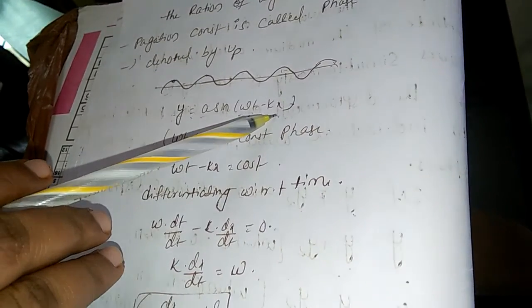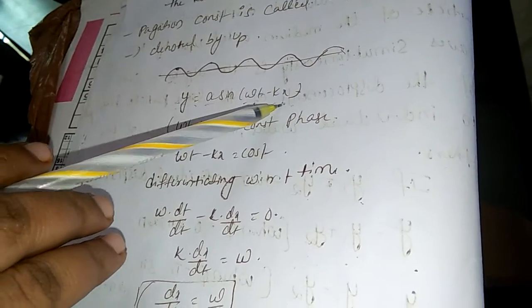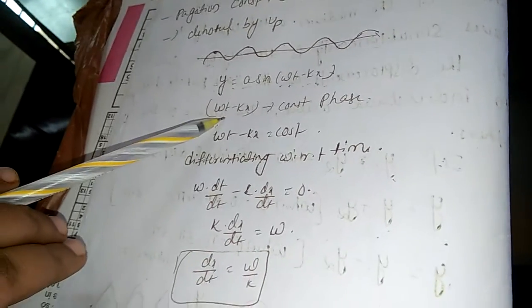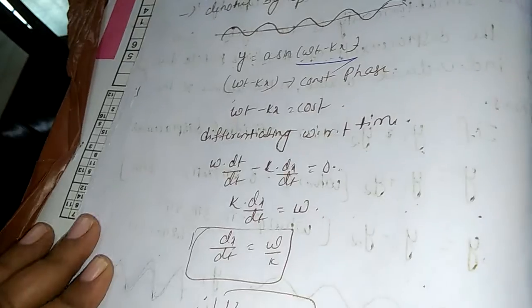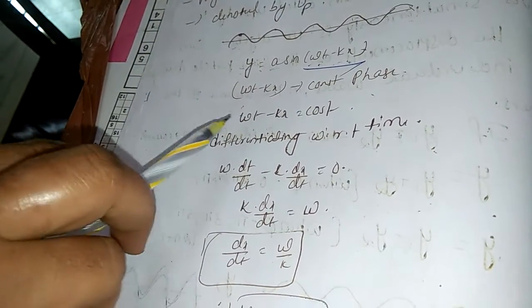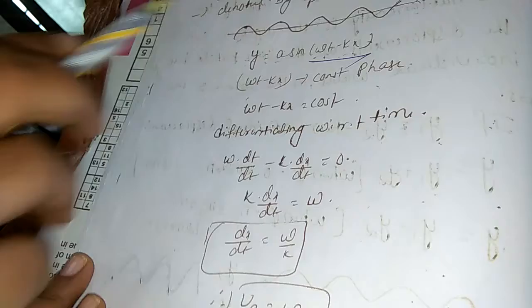Here a is the amplitude, omega is the angular frequency, t is time, k is the phase constant, and x is the displacement along the x direction. This whole term, omega t minus kx, indicates a constant phase, so this value is a constant.